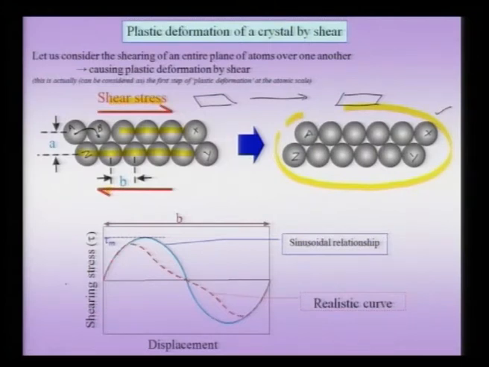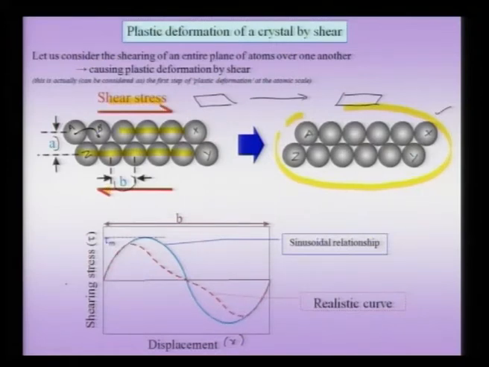Now, if the spacing between the atomic planes, the interplanar distance, is a, and the interatomic spacing along the direction is b, then you can see that both of them remain the same after the deformation has taken place. Now, I can think of a force displacement curve, or a shear stress displacement curve, displacement in this case being x, which has some sort of sinusoidal shape.